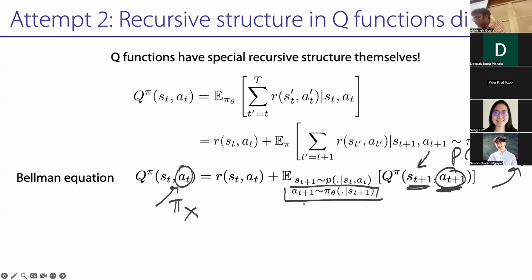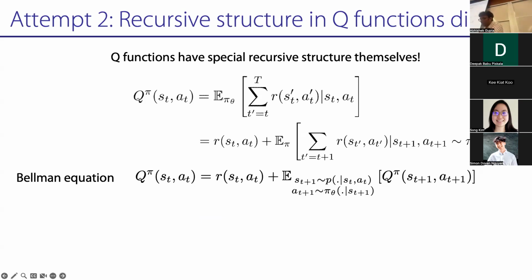And so that's what lets you be off policy. You can kind of think of it as taking one step and then acting according to pi. So this one step can be from anything, as long as you're querying the next steps from pi.